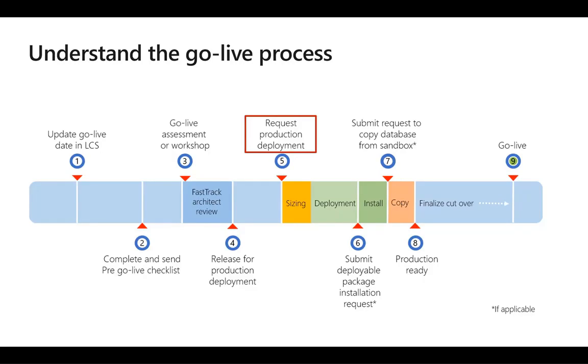Finally, the Dynamics Service Engineering (DSE) team performs the deployment, which can take up to 48 hours to complete. The status fields in LCS reflect the deployment progress. Any questions that we might have about our request will be posted as comments on the service request.